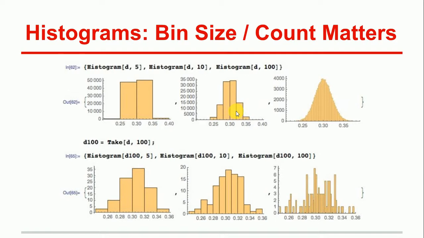So this is the smaller bin size, and this is even smaller. So the bin size matters a lot in a histogram. Two histograms showing the same information do not necessarily look the same. The bin size matters.